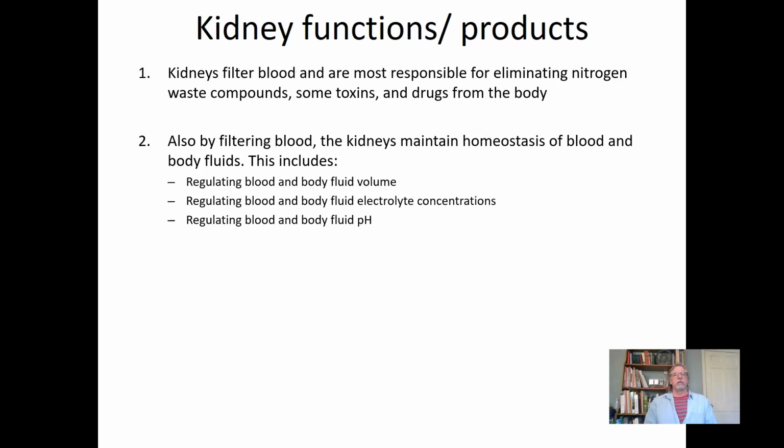Another thing that the kidney does by filtering blood is maintaining homeostasis. Some examples are the kidney is able to, by filtering blood, regulate blood volume, and therefore body fluid volume. Kidney also regulates blood electrolyte concentrations. For example, potassium, sodium, calcium.